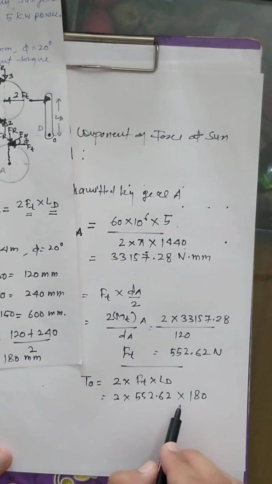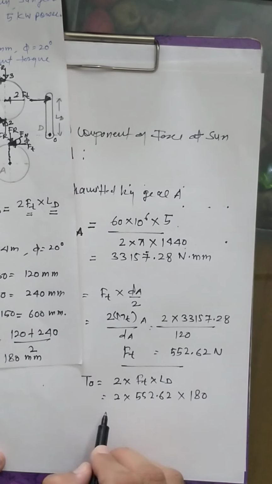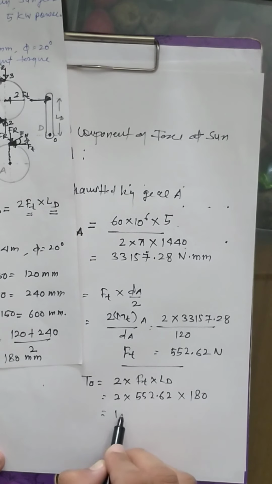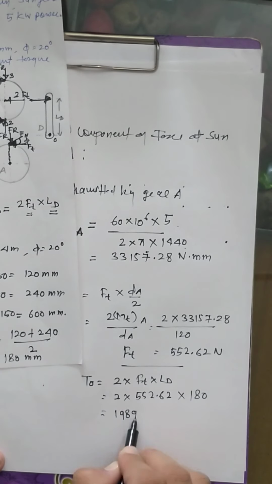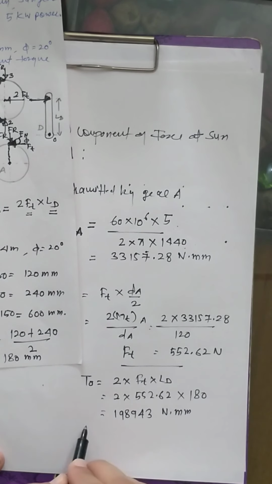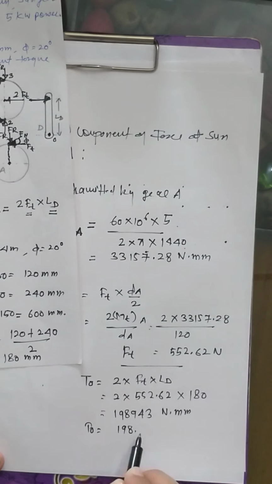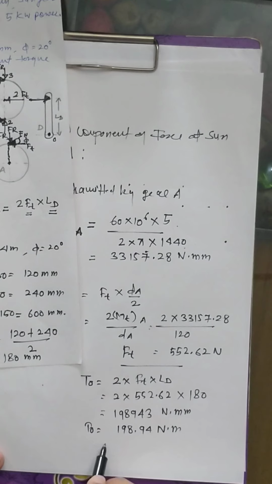When we calculate this, it is equal to 198,943 Newton mm. So torque is 198.94 Newton meter. So this is our answer.